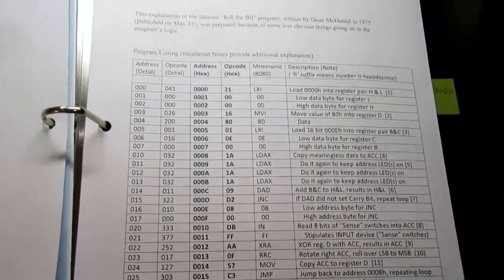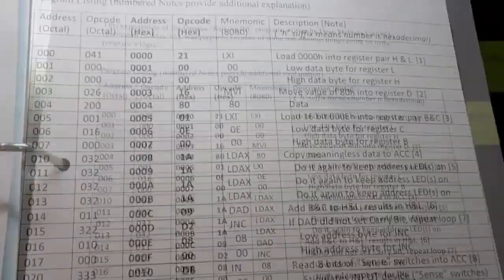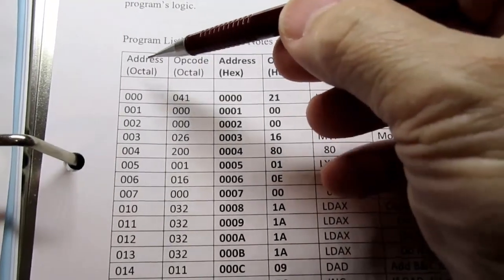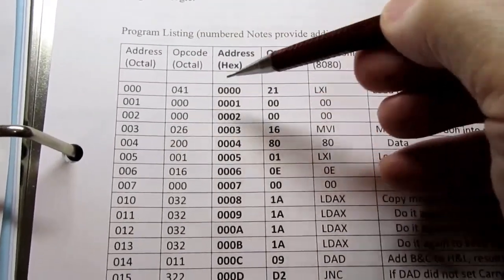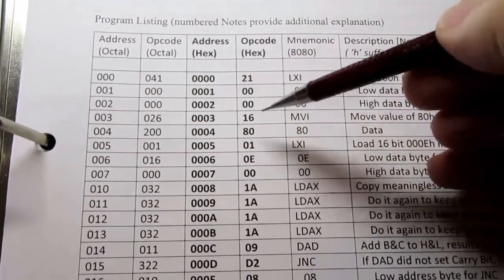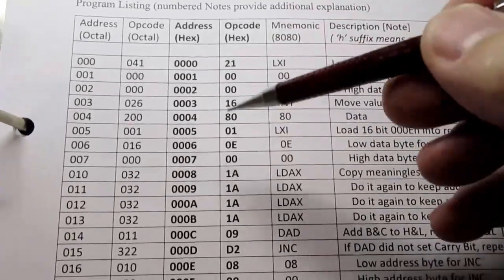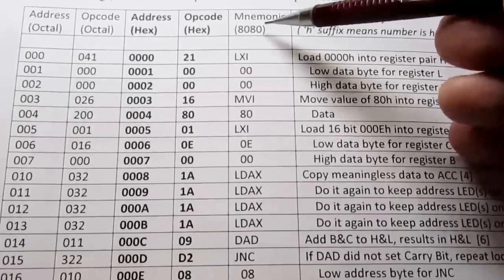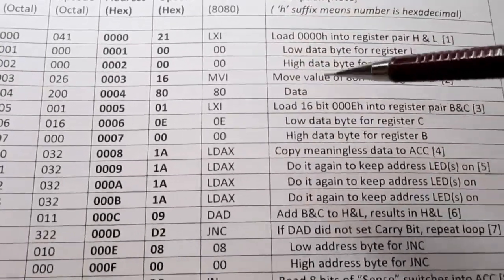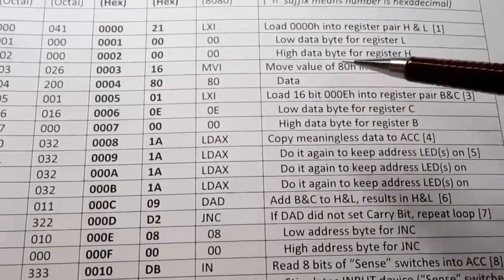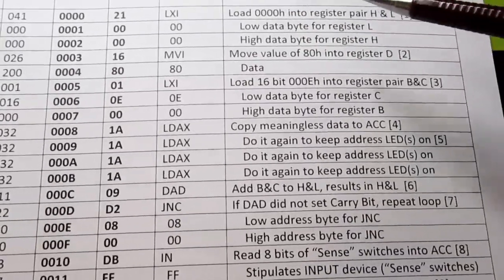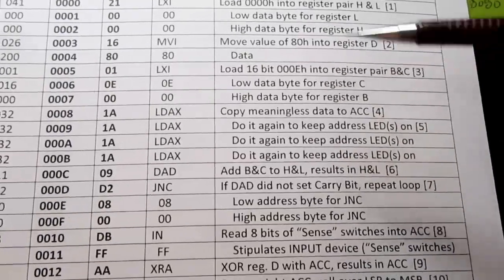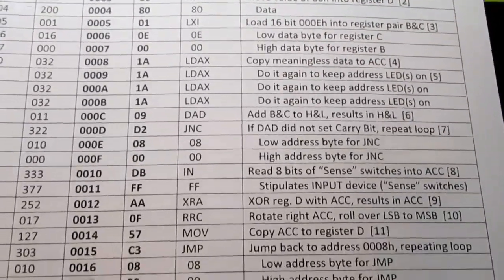So I've retyped the program onto this document, and I have it listed both in terms of octal address, octal opcode, and then hexadecimal address and opcode highlighted so my eyes go back to it easier, then the mnemonic applicable to the 8080. I think this would also work on Z80 computers. And then an abbreviated description that's still more elaborate than the one on the page I just looked at.